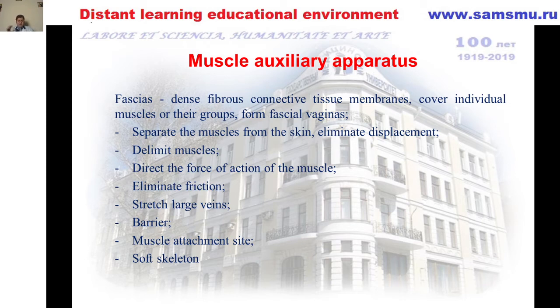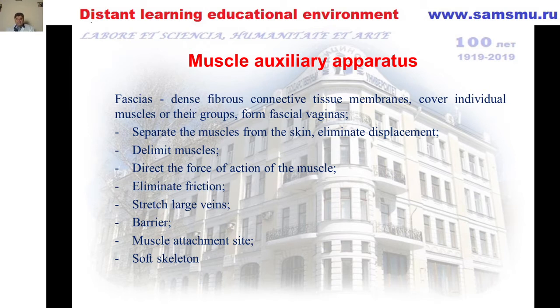Generally, the stronger the muscle, the stronger the fascia. For example, in the area of the limbs, it has special strength. If the muscles are arranged in several layers, then the investing fascia is split in two planes, superficial and deep.